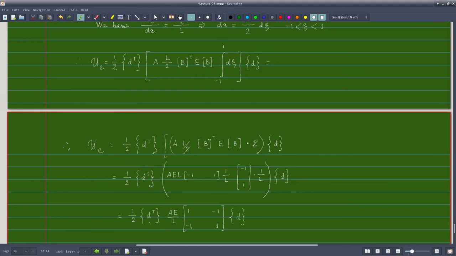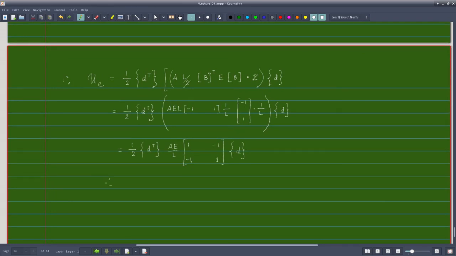So half the displacement into the internal force. If I have this as the stiffness matrix, then I know that stiffness multiplied by the nodal displacement will give me the internal force.